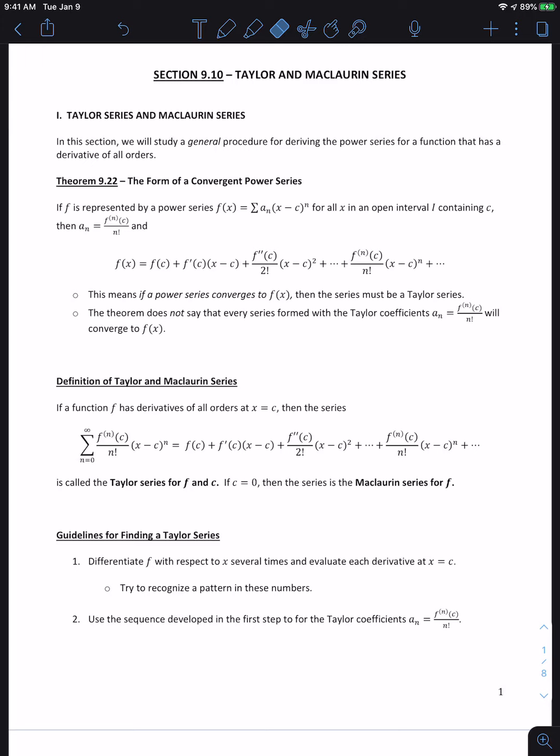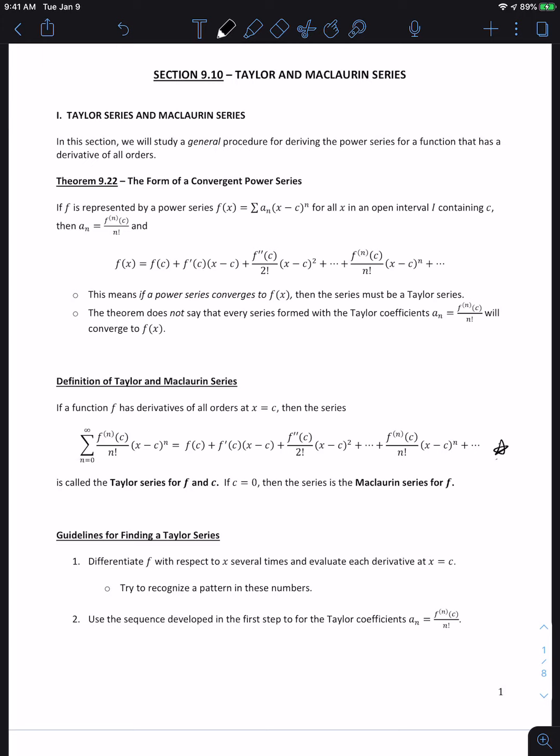So oftentimes what's going to happen in this section is a question is going to give us a function and it's going to ask us to find the Taylor series for that function. So what are we going to do? If we're asked to find the Taylor series, then we're asked to find this, right? In order to find this, we need to find the nth derivative over n factorial plugged in at c. And then we need to find a general formula.